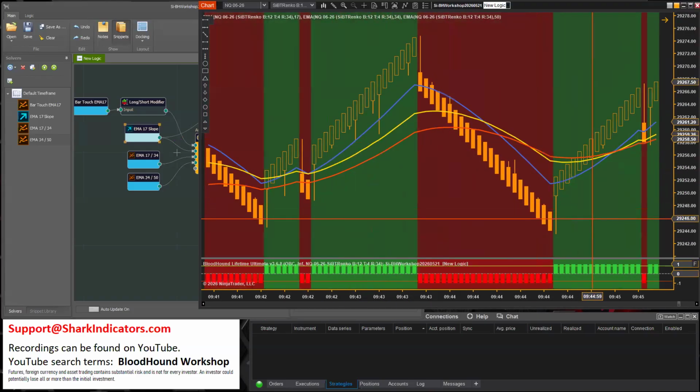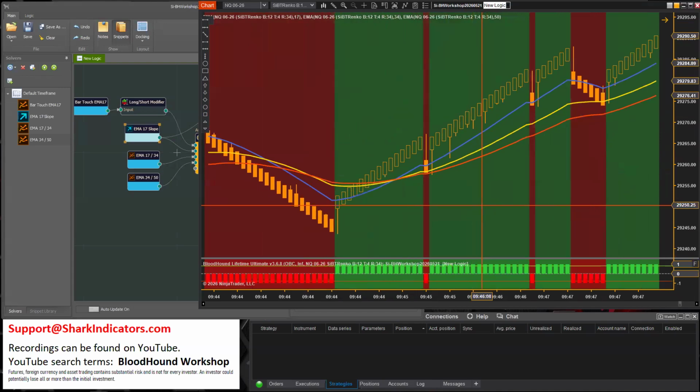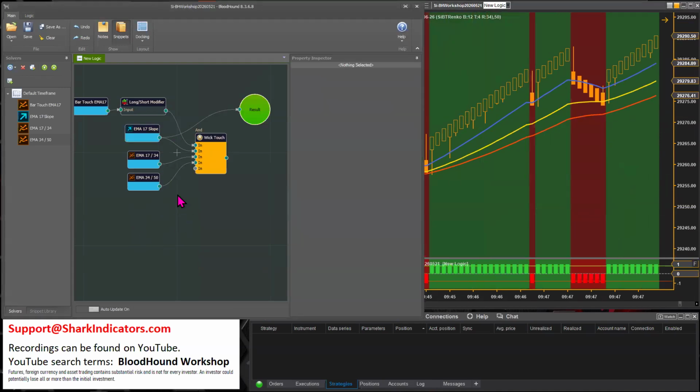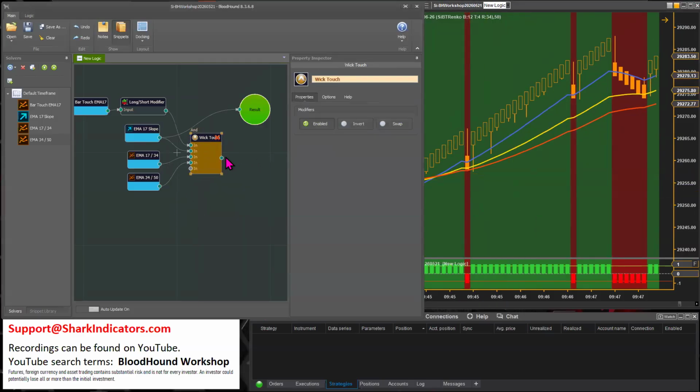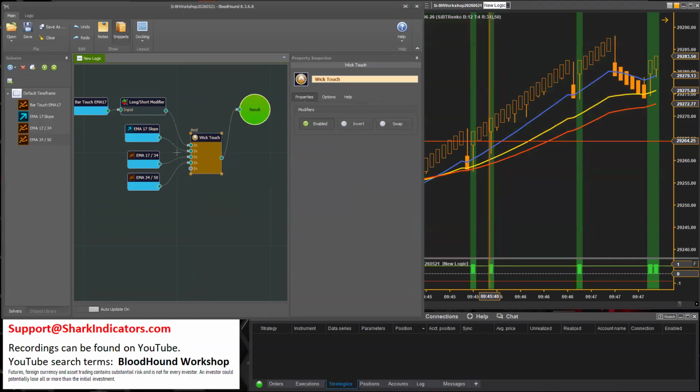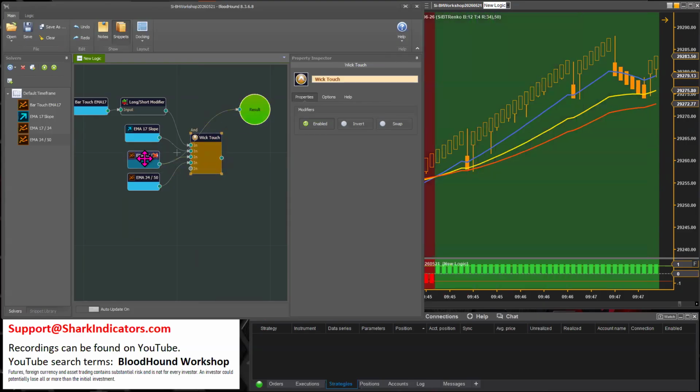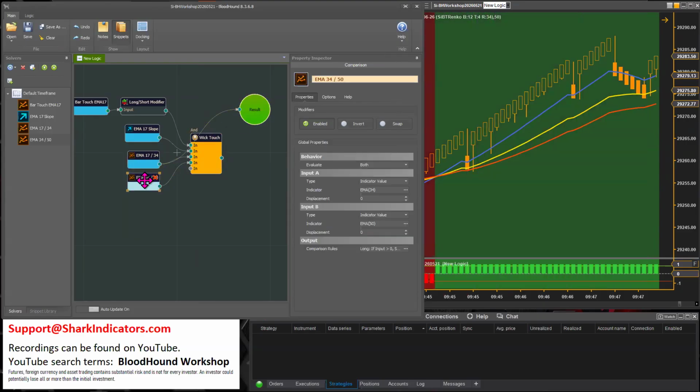But my point, getting back to the point here, with the AND node, when we get these long signals here on these wicks, it's because every node here, or every solver, has a long output on that bar.